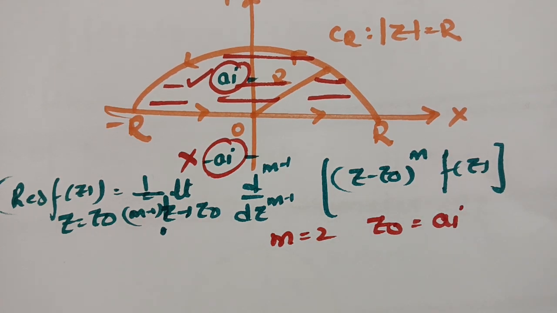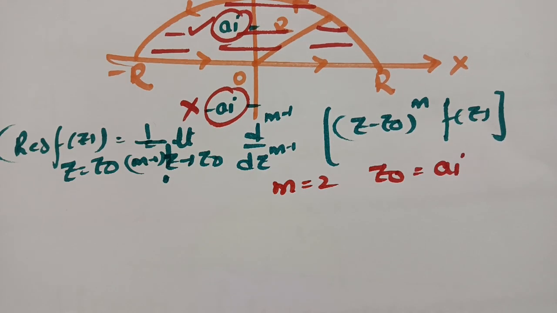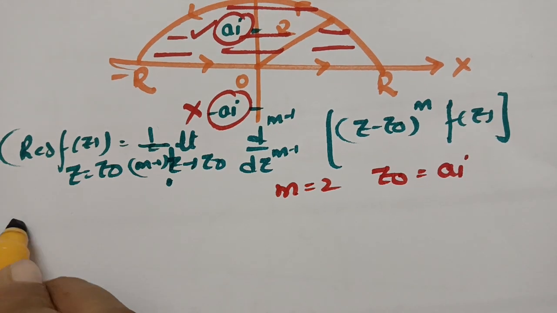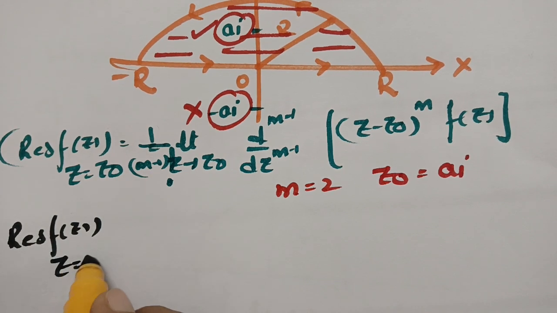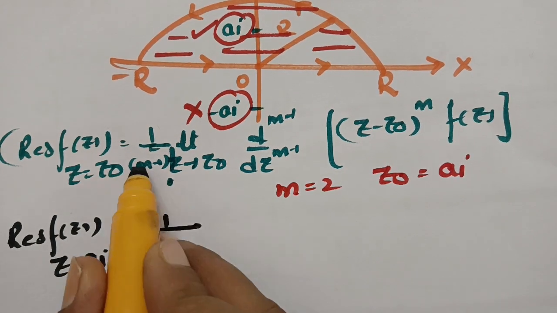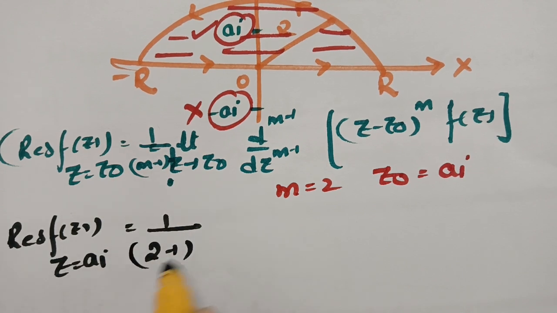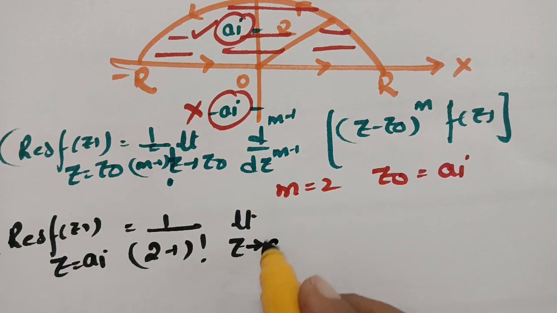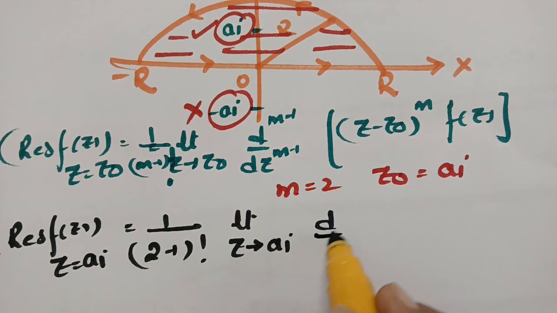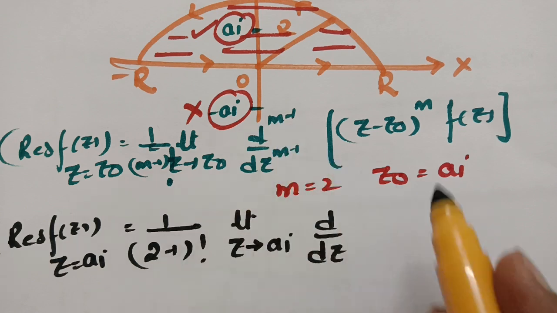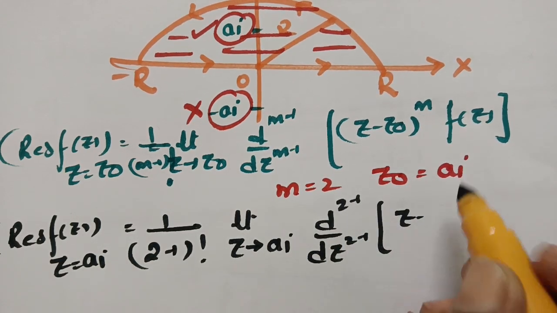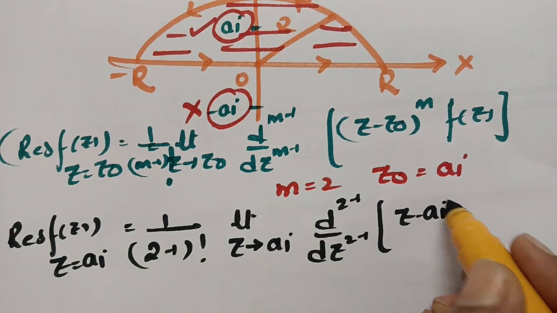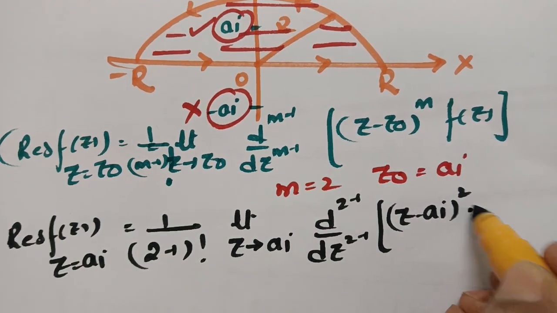Now if I substitute the same thing here, the residue of f of z at point z equal to plus ai is equal to 1 by m minus 1, that is 2 minus 1 factorial, into limit z tends to z naught. z naught is nothing but ai, and this is d by dz power m minus 1, so this will be 2 minus 1, and z minus z naught, which is z minus ai, power square, into f of z.